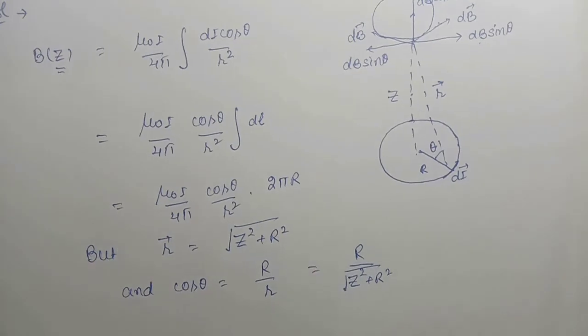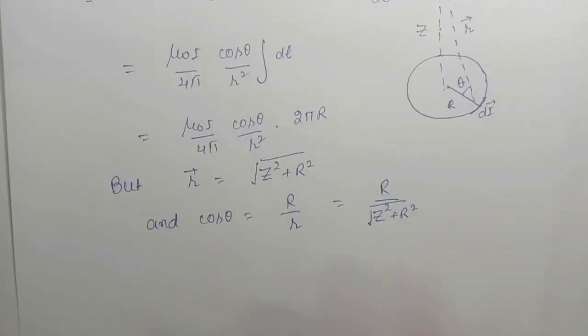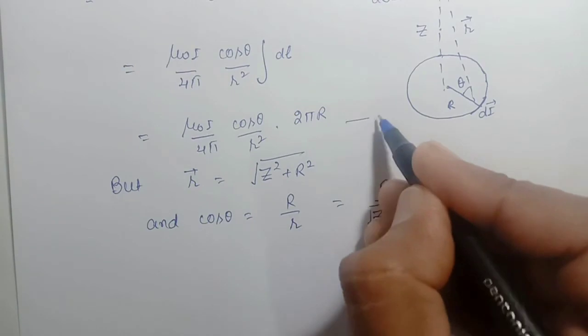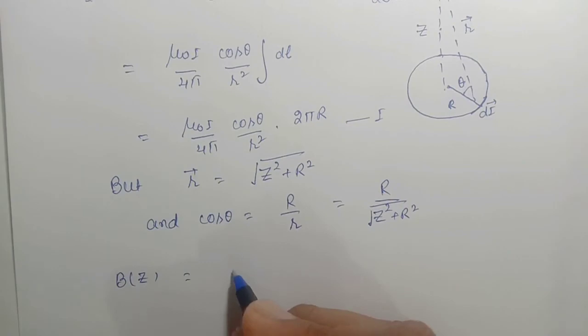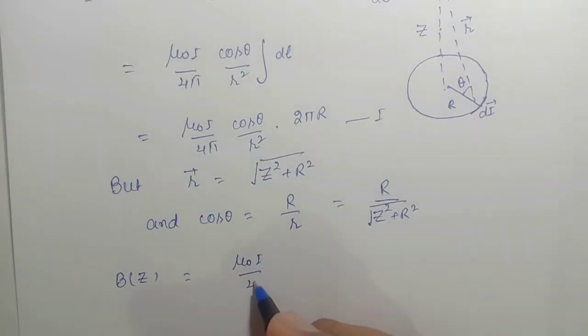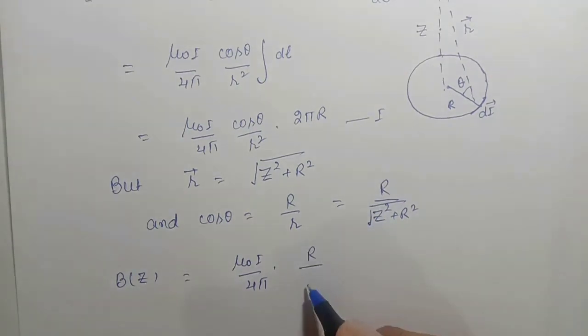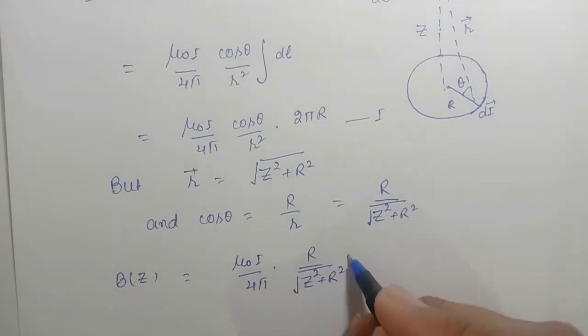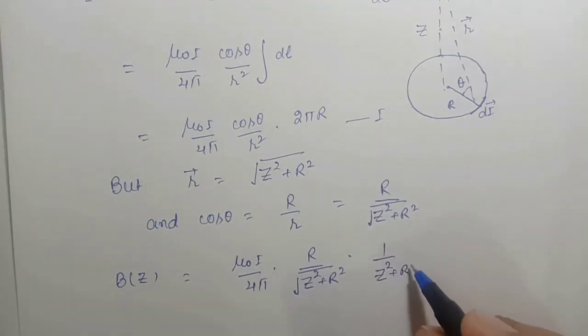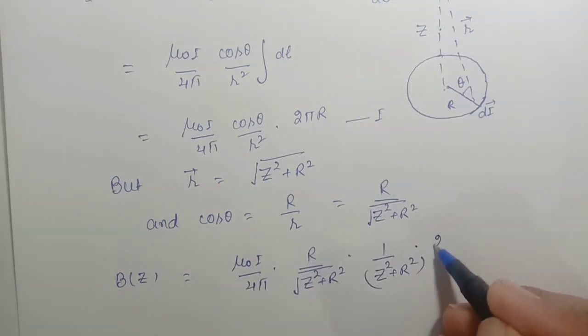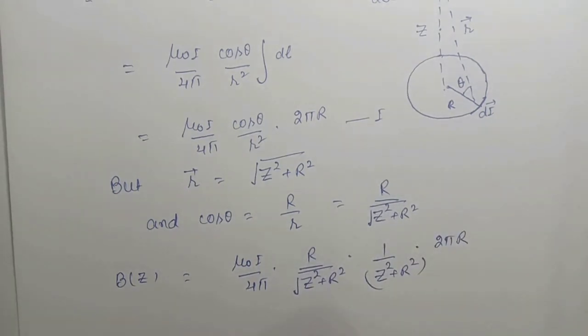So now substitute the value of r and cos theta in this equation first. We can write Bz equals mu naught I over 4 pi, and cos theta equals r over the square root of z square plus r square, and 1 over r square equals 1 over z square plus r square, and this is 2 pi r.